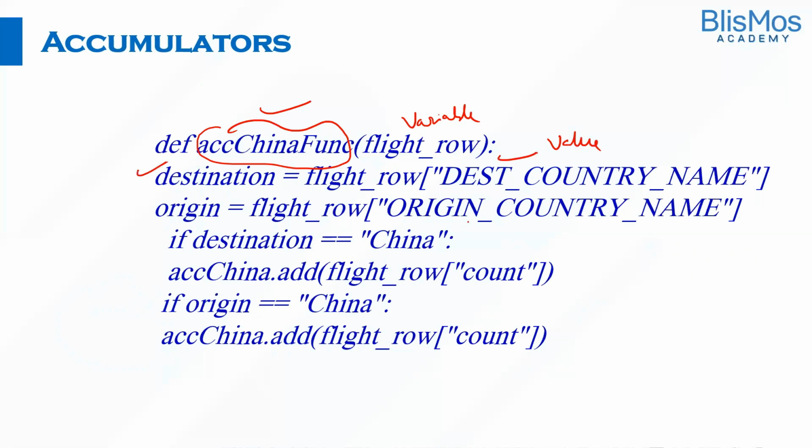We're assigning another column value to this variable and calling it origin. We are just checking if the destination is equal to China, then add to this counter. If the origin is equal to China, then add to this counter. So defining a function is one of the important aspects whenever we are using the accumulators.